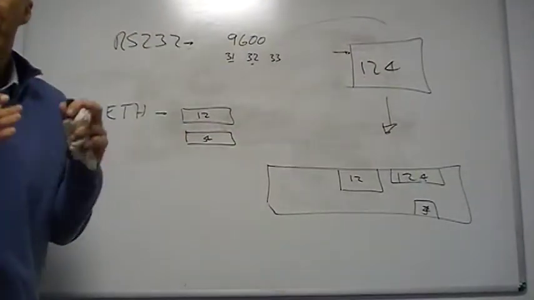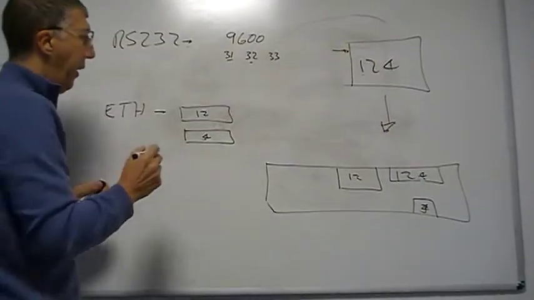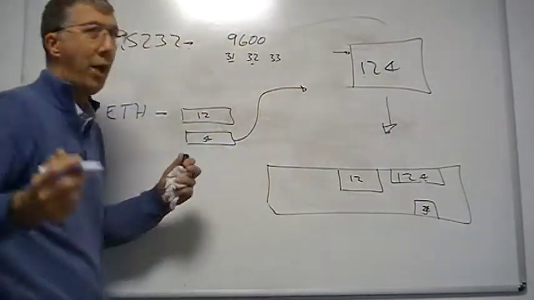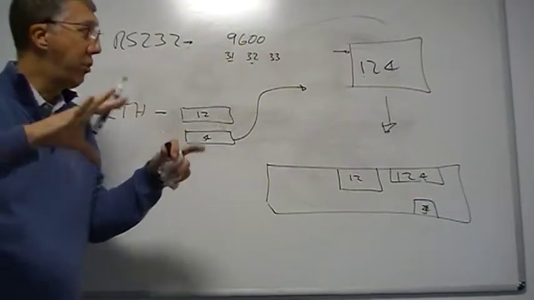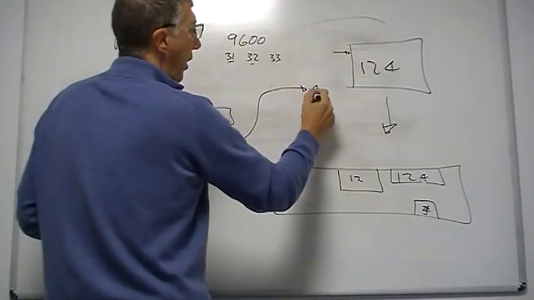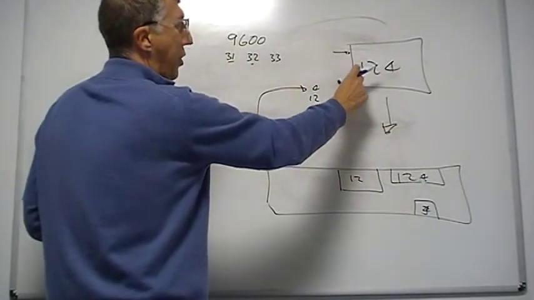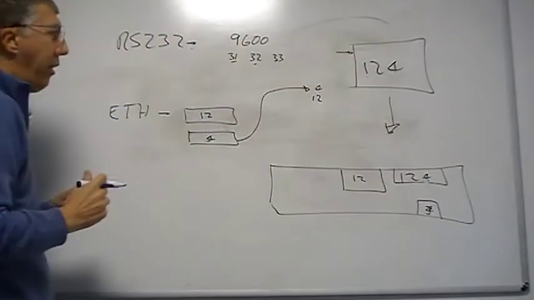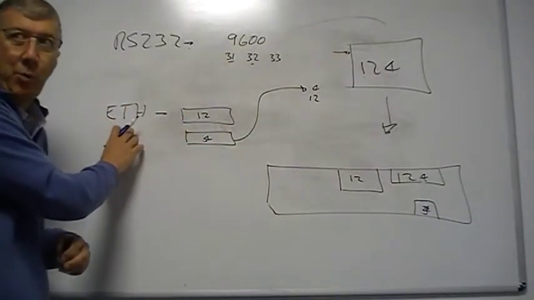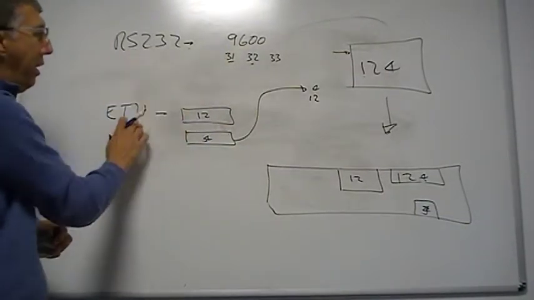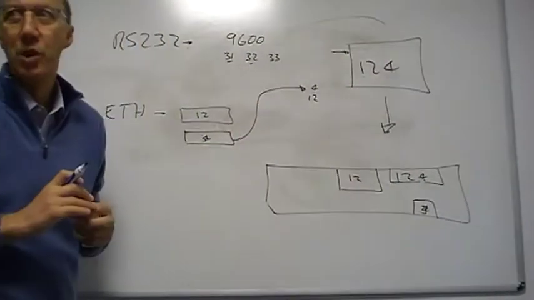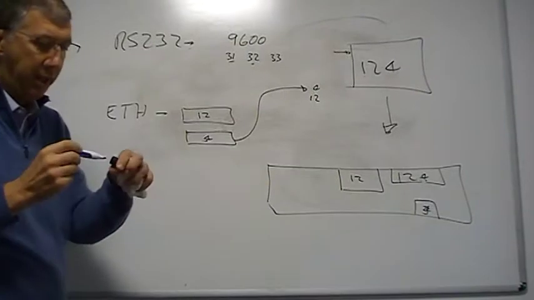So we've got 2 packets of data going down to the printer. It may be the case that the 4 arrives at the printer before the 1 and the 2 because of network traffic. Then it has to be reassembled inside the printer to go into the buffer. All of this takes time. This is running at a higher speed than what this is going to run, but it takes time to get it reassembled to go into the buffer and to come down here.